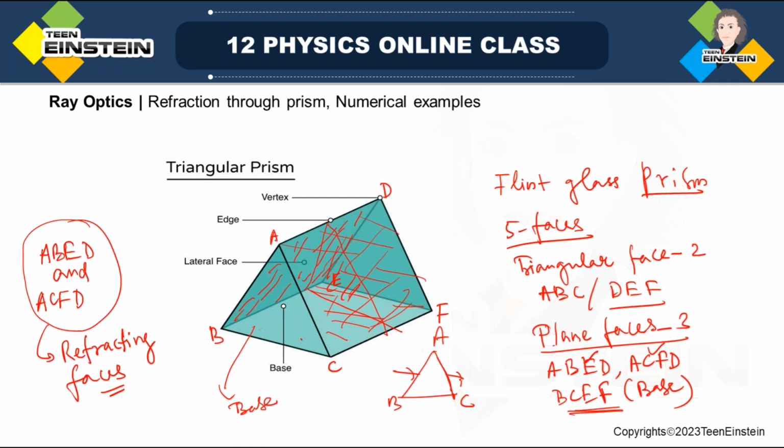So AB and AC will be refracting faces. A prism has 5 faces: one is the base, two lateral faces are refracting faces, and the other two are triangular faces.